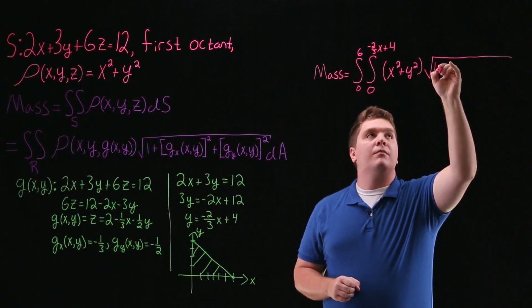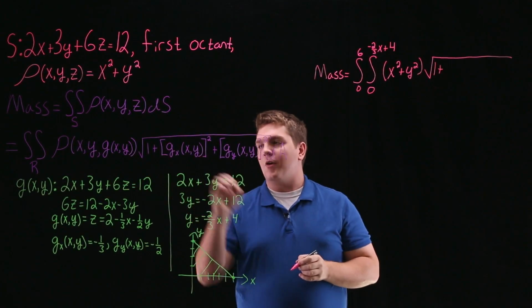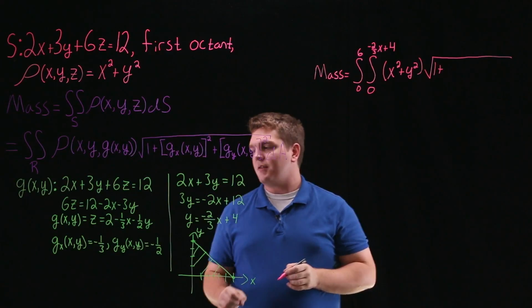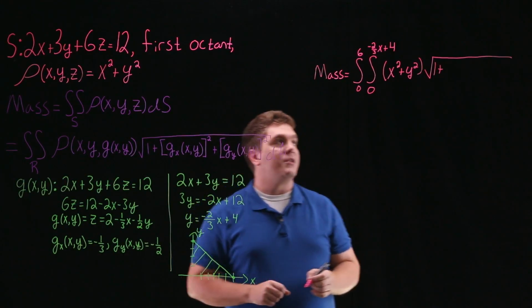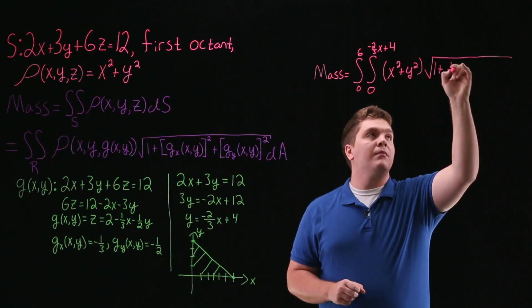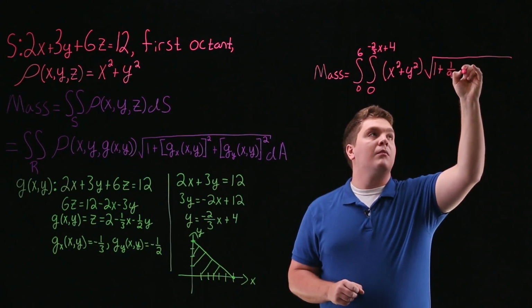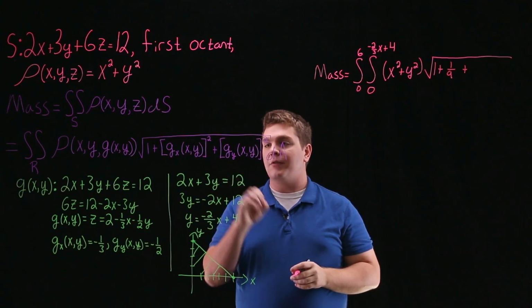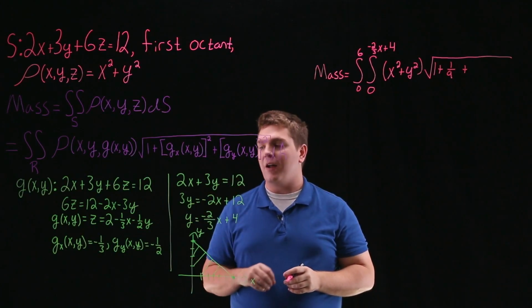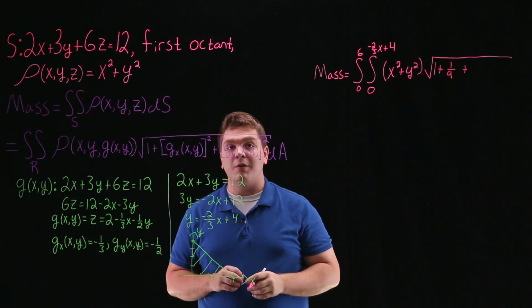of 1 plus, well, the partial derivative of g with respect to x is negative 1/3, so it's going to be that quantity squared, which is 1/9. Plus the partial derivative of g with respect to y, that quantity squared, which is going to be 1/4.